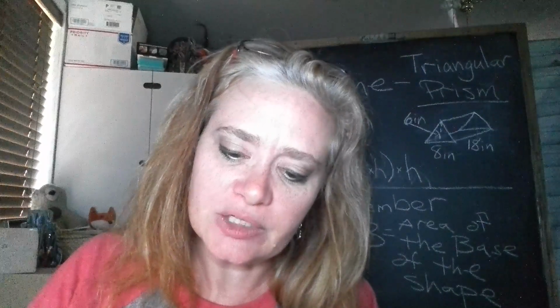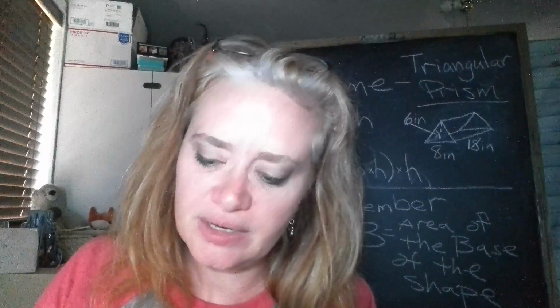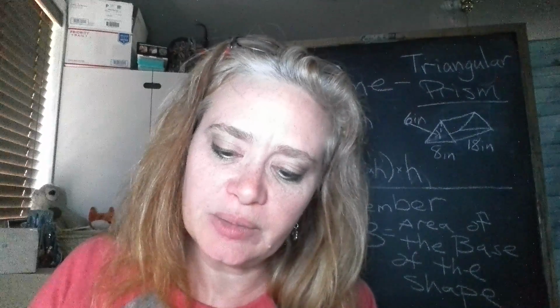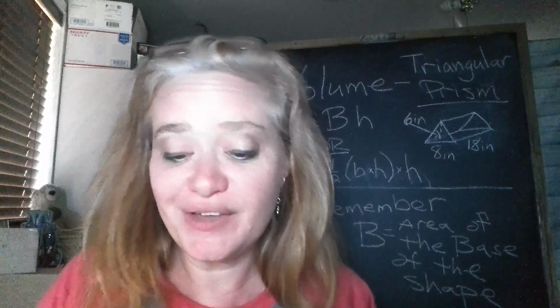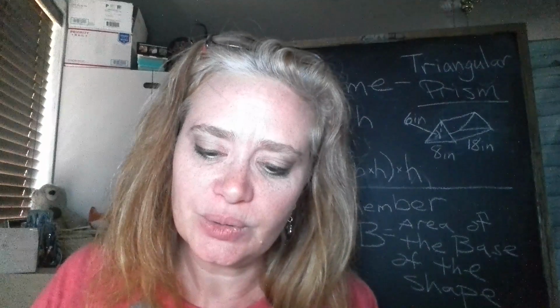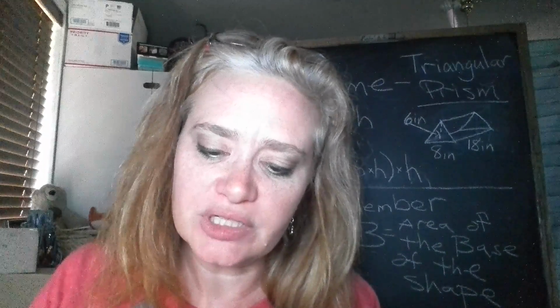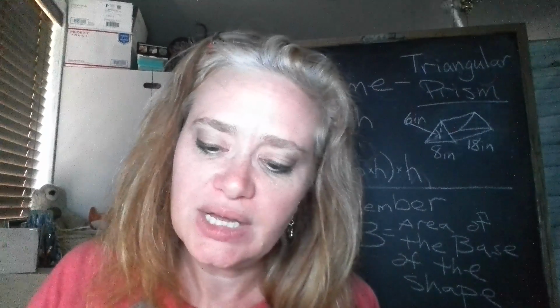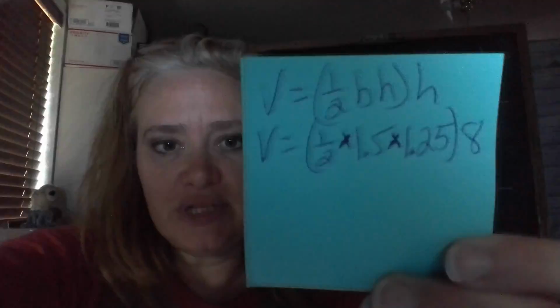First step, there's my 1/2, stays the same. We said the bottom of the triangle was 1.5 inches, and the height was 1.25 inches. Let me make this a little easier to read. Times 8 inches tall. I know, no panicking with all the decimal-y stuff.